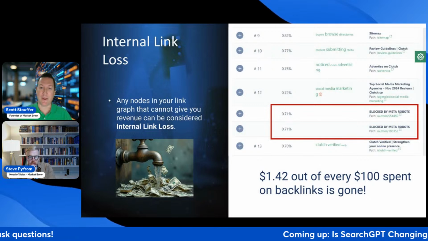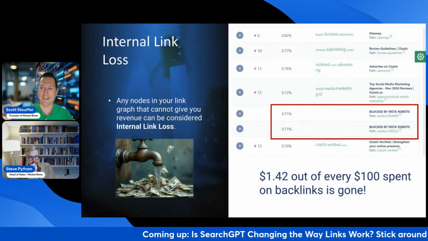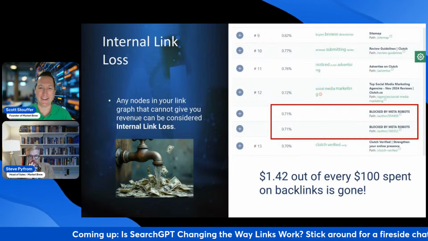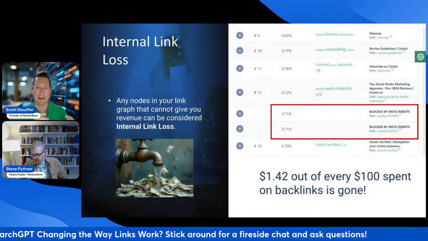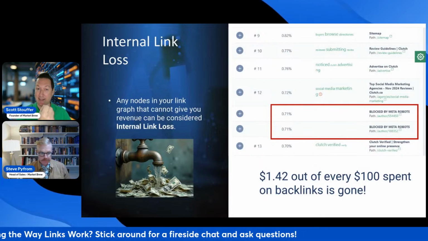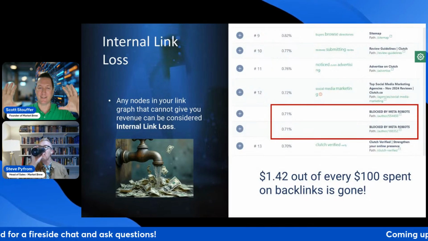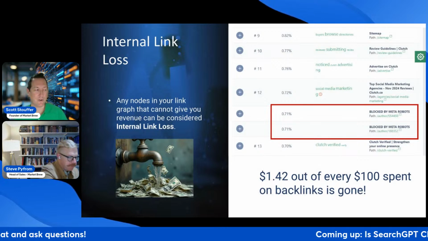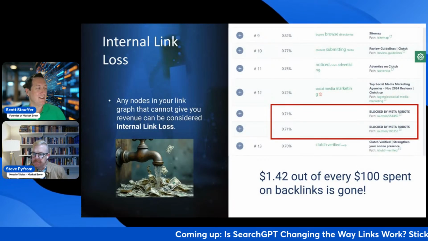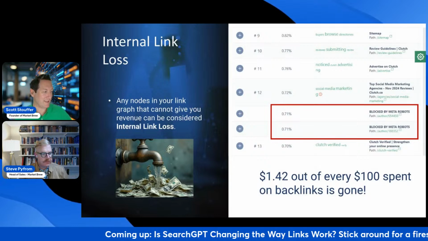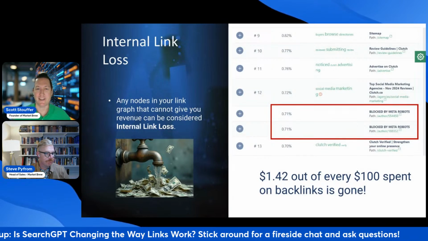And the way that the PageRank calculation works, even after the 2010 reasonable surfer patent addition to that, is that it will create a node in that link graph, and it contains some of that total pie that you have coming into the site. So we call this internal link loss. You can see an example of this here, where these pages were sandwiched between number 12 and number 13 in the model.